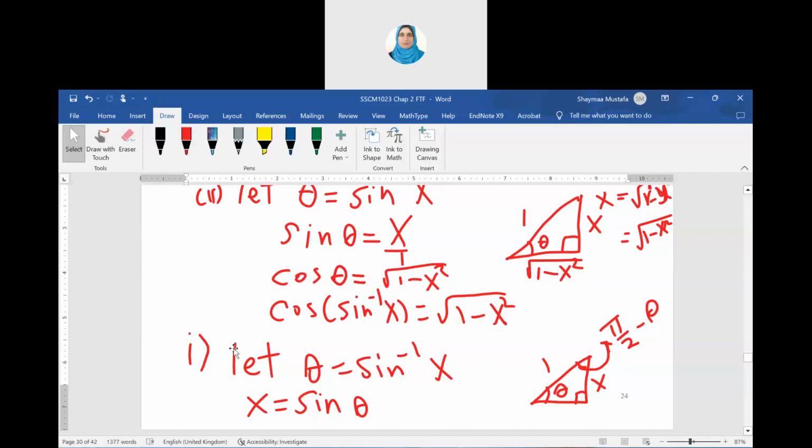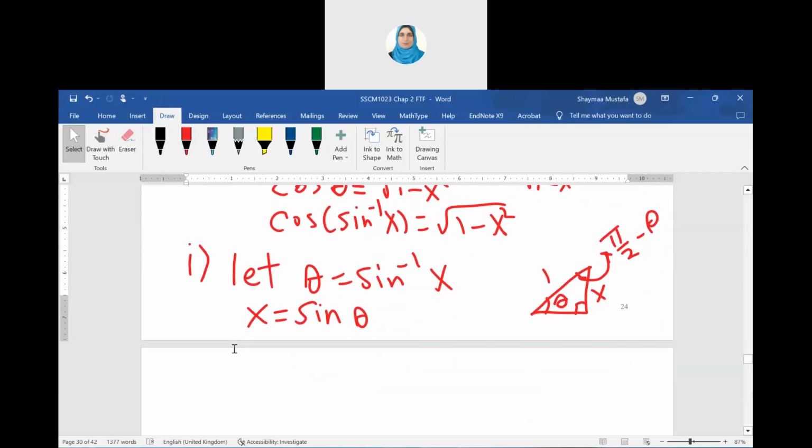So cos of pi over 2 minus theta will also be equal to x.